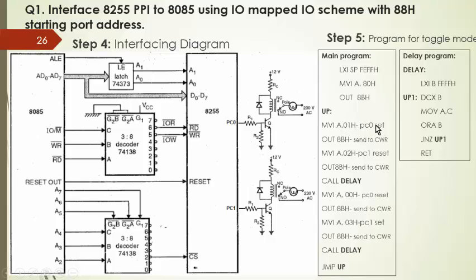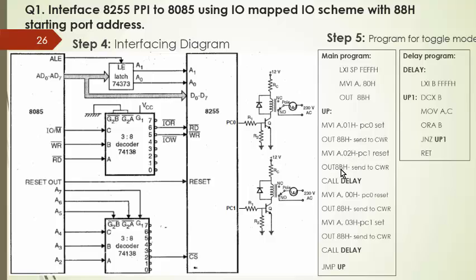The 000 means the BBB bits you have to make 0, that is for port C0, and 1 means set. So initially you have to set PC0. This bit pattern you have to load in the command word register for BSR mode. So take 01 in the accumulator and send it to the command word register. Again its port address is the same, 8B hex.